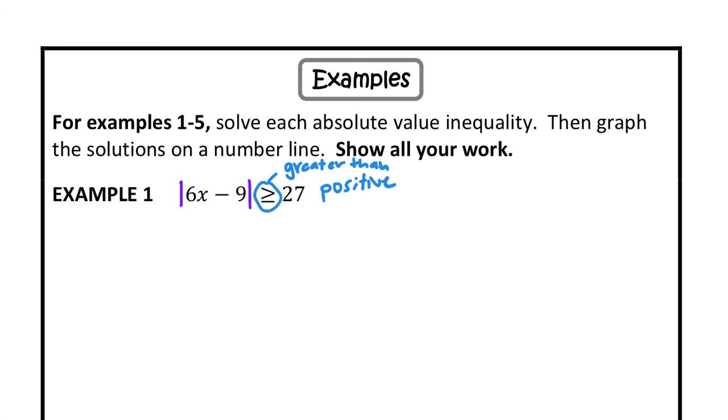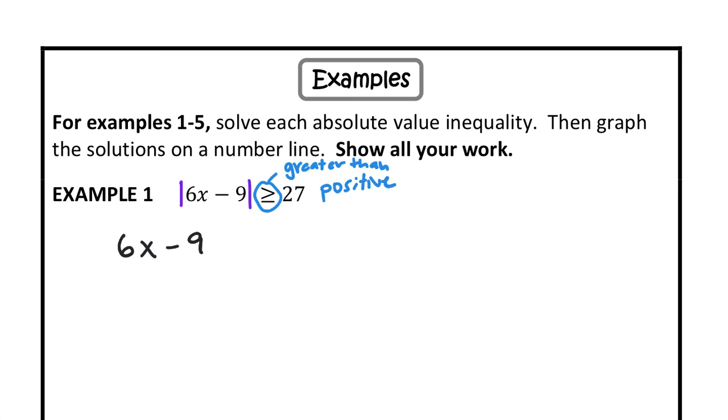All right, so that means we have an OR situation, and so what we have to do is rewrite the equation. So I'm going to copy 6x minus 9. We're going to rewrite the equation without the absolute values. So 6x minus 9. And so we're going to have two situations.